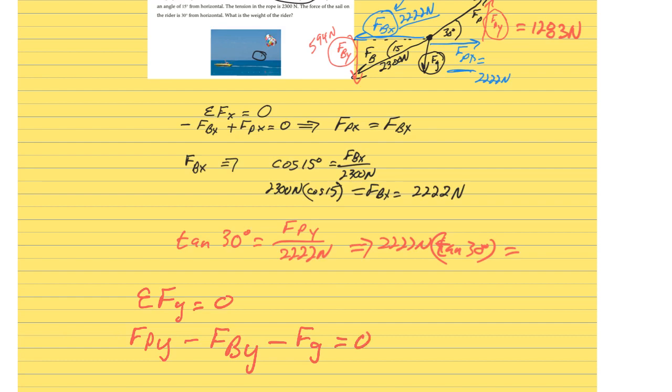And I can start filling in numbers here. Force parachute y is 1283 newtons, minus 594 newtons, minus Fg. I'm going to throw that to the other side.